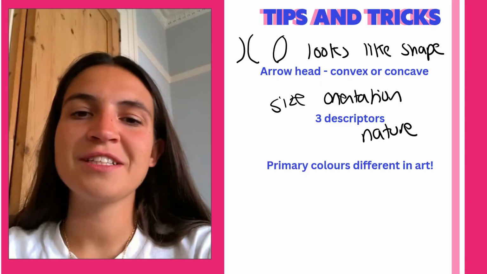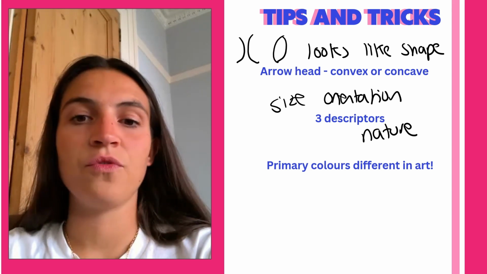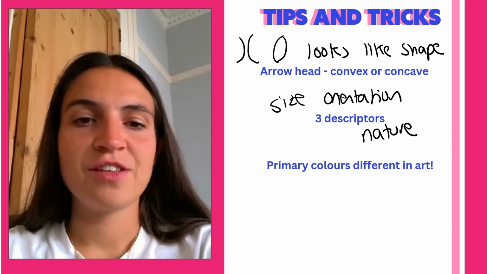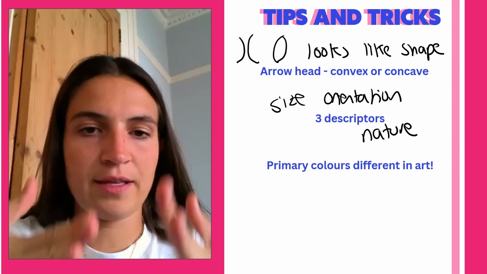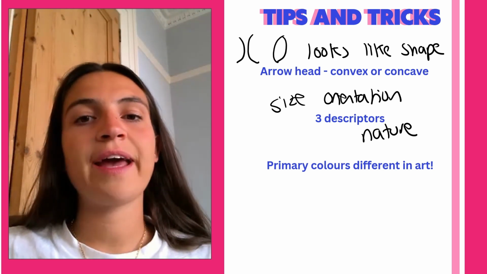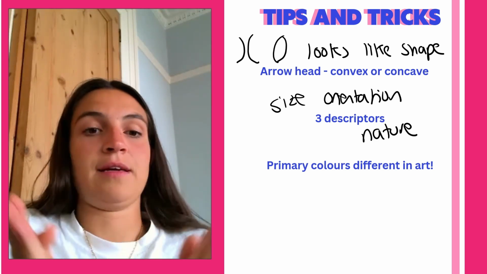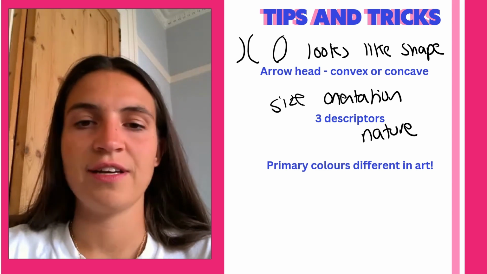Okay, my tips and tricks for this section. So the first one is to do with the arrowhead that you draw if you want a convex or concave lens. So the first picture here, these two black lines going like this, that is your concave lens or your diverging lens, and the ones that go like this, bulging outwards, is your convex lens, or your converging lens.